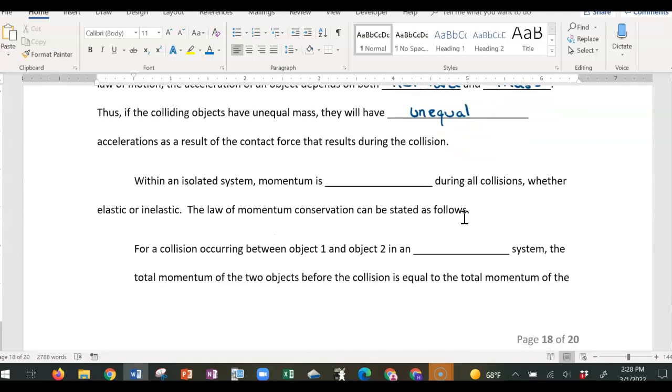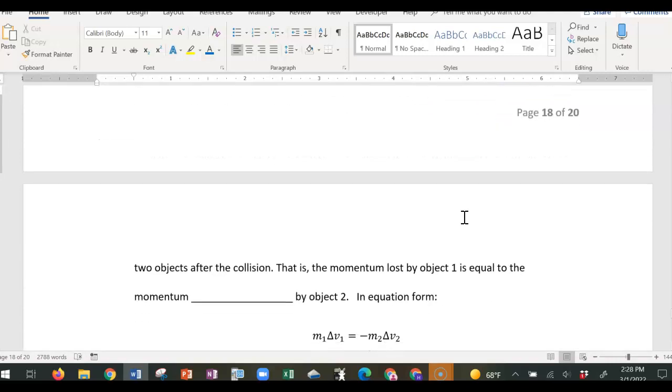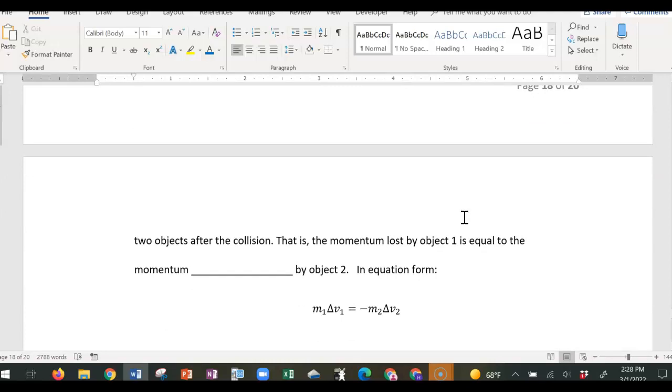Within an isolated system, momentum is conserved during all collisions, whether elastic or inelastic. And the law of momentum conservation can be stated as follows. For a collision occurring between object 1 and object 2 in an isolated system, the total momentum of the two objects before the collision is equal to the total momentum of the two objects after the collision.